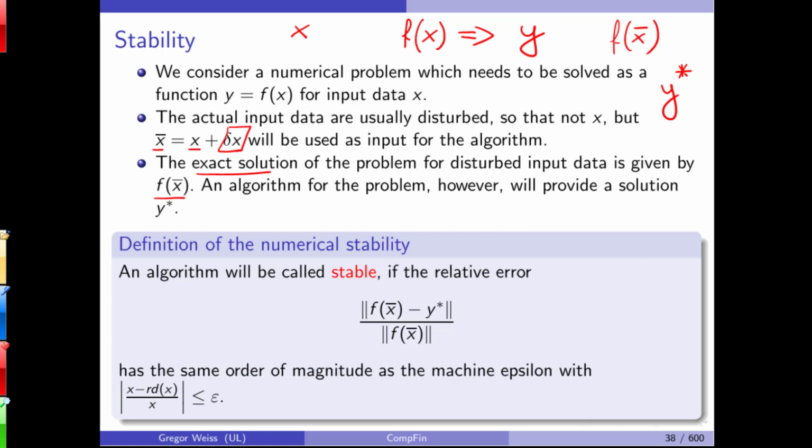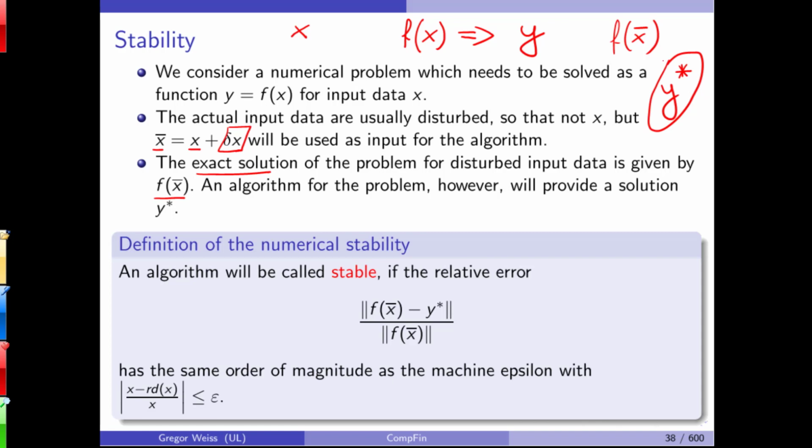Why is that? There are 2 sources of errors here. First, we'll have an error in the input data and an algorithm that adds another error. And in the end, you can only observe this, Y star. It might be that the error in the solution is due to the input data, but it also might be due to the algorithm introducing another error.